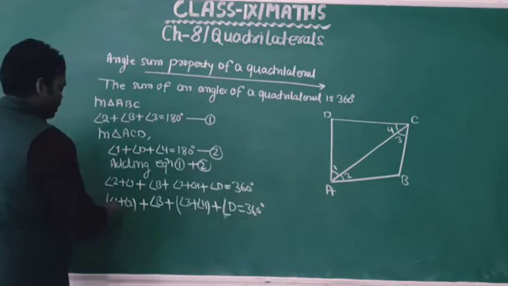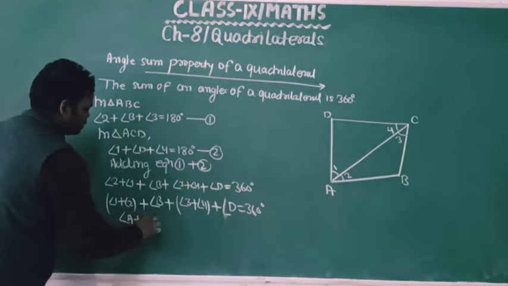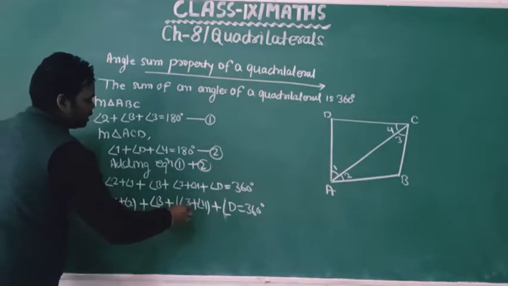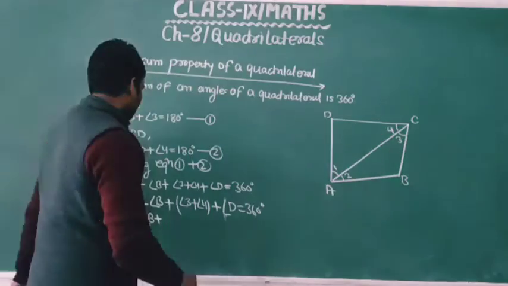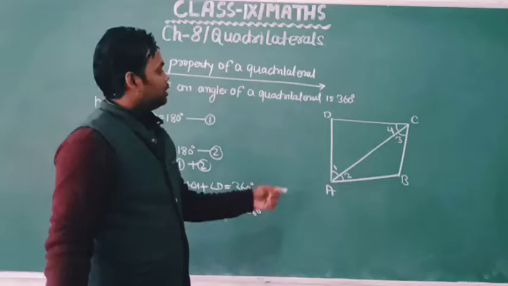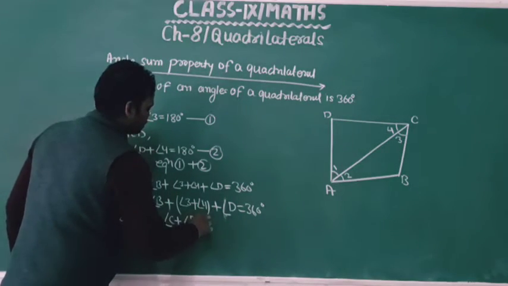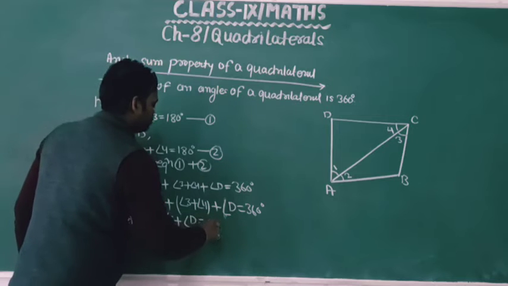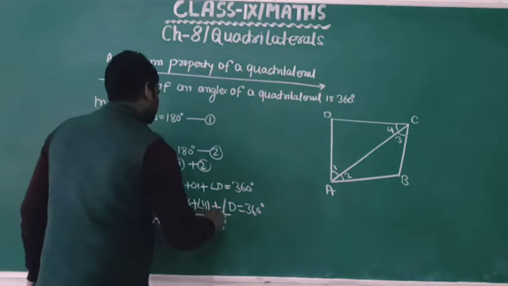So angle A, angle B, angle C and next angle D. Okay, so this whole angle D, all together equal to 360 degrees.